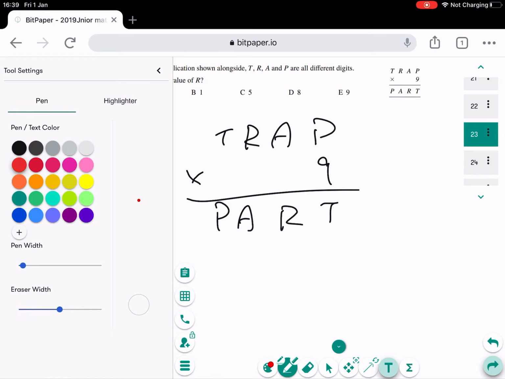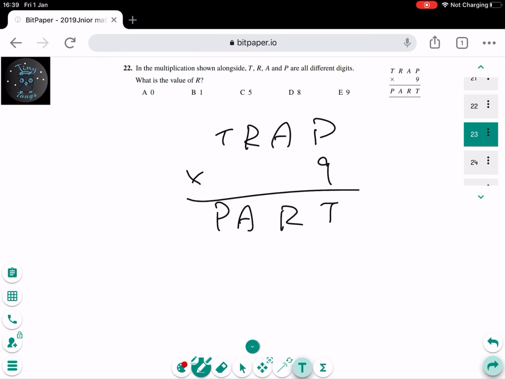Where you start this puzzle is the T and the P, because if a 4-digit number multiplied by 9 is still a 4-digit number, then T has to be 1. So I'll make the letters for sure in red.